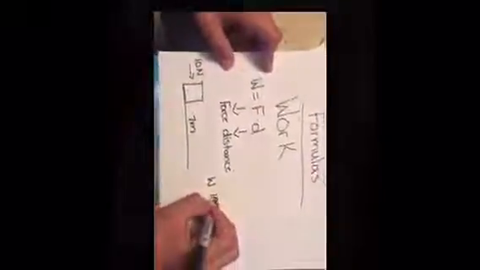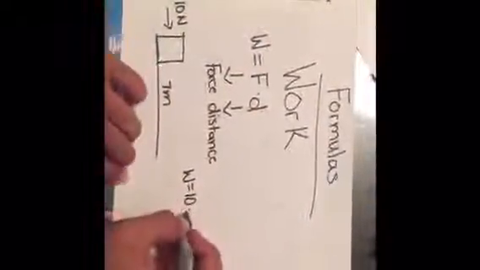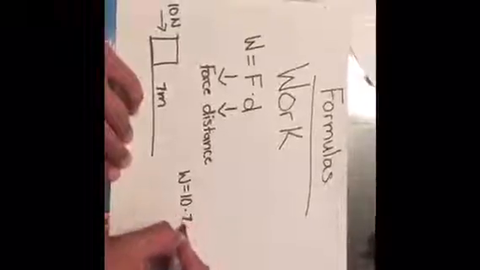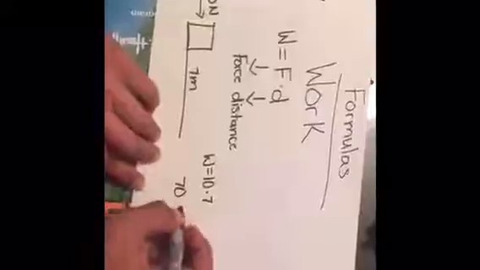An example would be, say I have a box with the force of 10 newtons and I move it 7 meters. So the equation would be solved by multiplying the force and distance. So we'll be multiplying 10 newtons times 7 meters, equaling 70 joules.